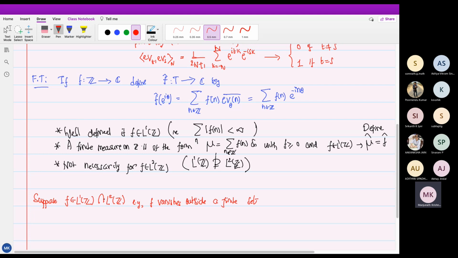Such a function is in both L1 and L2. So for that, Fourier transform is well defined.